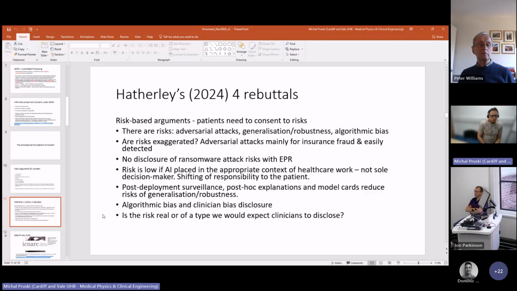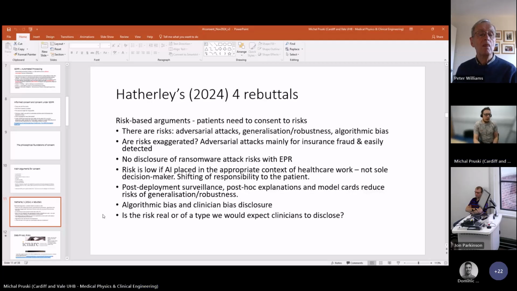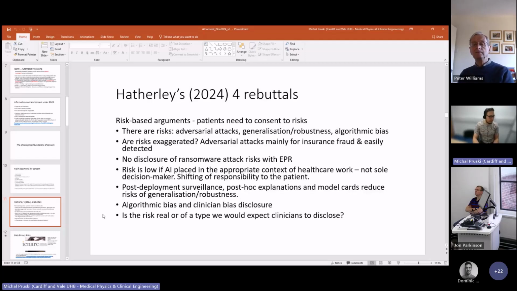But the question is, do we over-exaggerate the risks? So, for example, adversarial attacks are mainly used for insurance fraud and are easily detected. Also, if we talk about digital risks, we do not tend to talk about the risks of having electronic patient records and ransomware attacks.